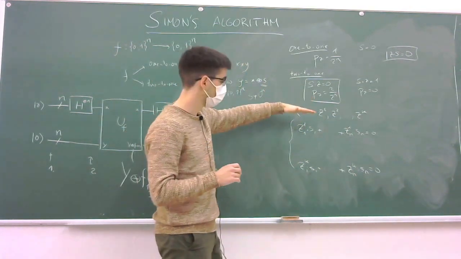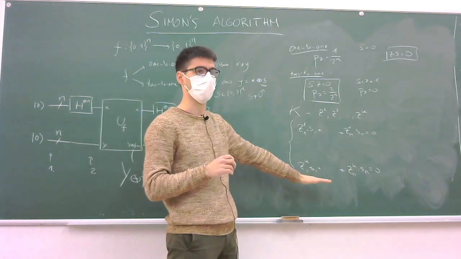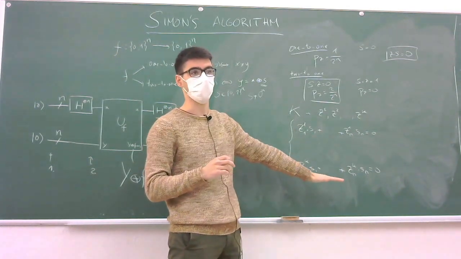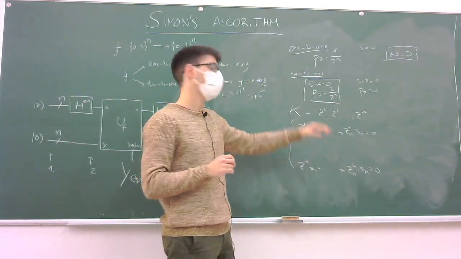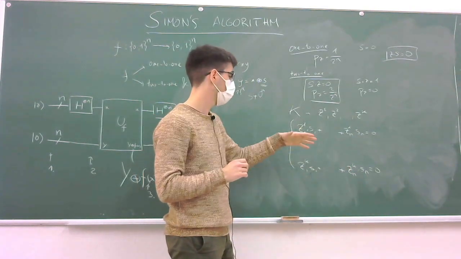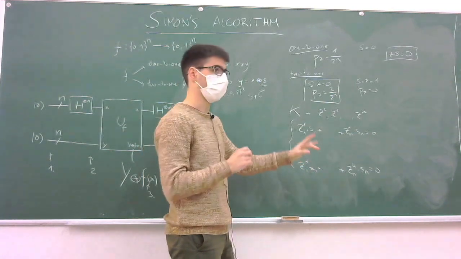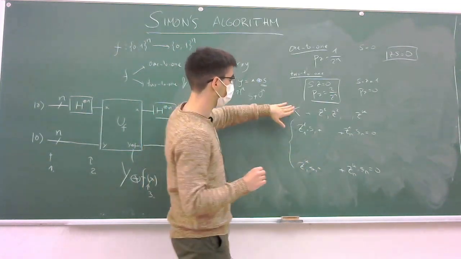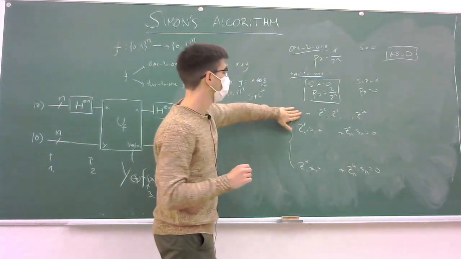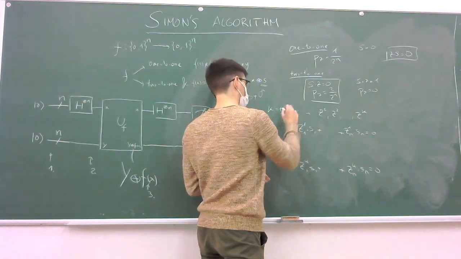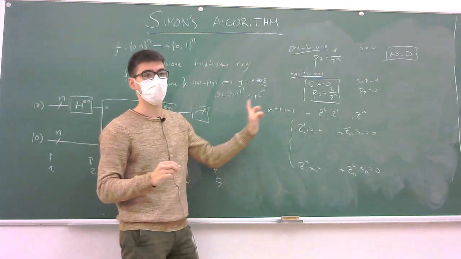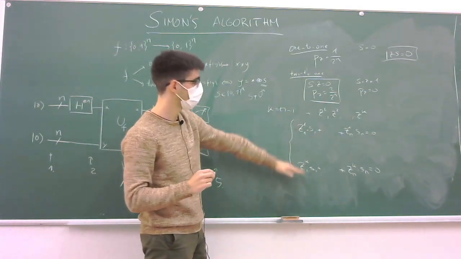I only want to get a system of equations to solve for s. In order to solve this system of equations, we need a sample of n minus 1 values. It needs to be n minus 1 different sets.